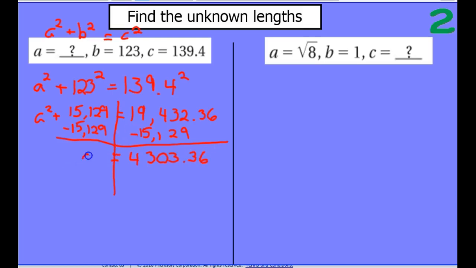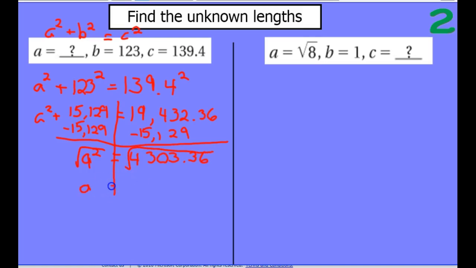So we know our a squared equals 4,303.36. Now our last step is to get rid of this square. So we're going to find the square root of both sides.